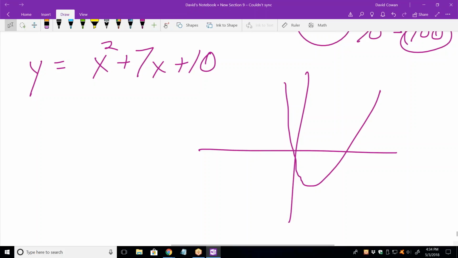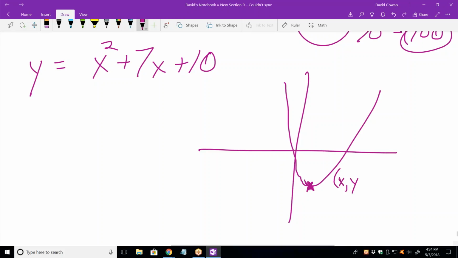The reason I know that it points up is because it's got a positive coefficient in front of the x squared. If that was a negative number, it would point down. You with me? Yes. The most important point on that parabola is its vertex. That point right there. I want to know the x and the y coordinate of that point.